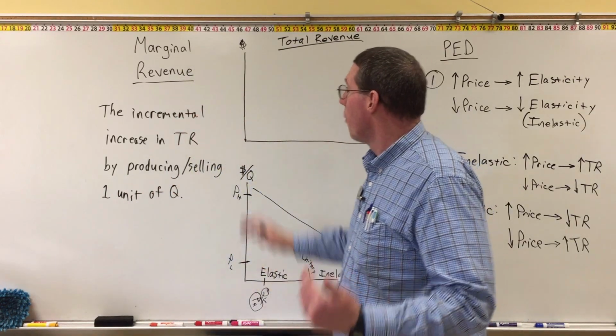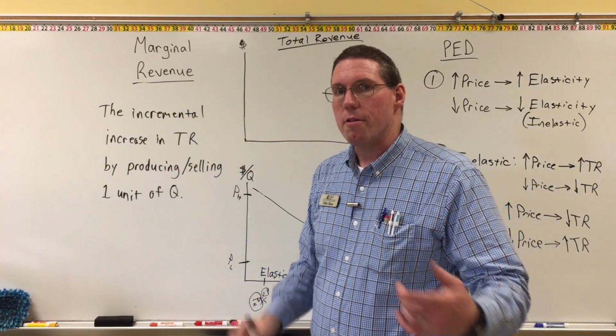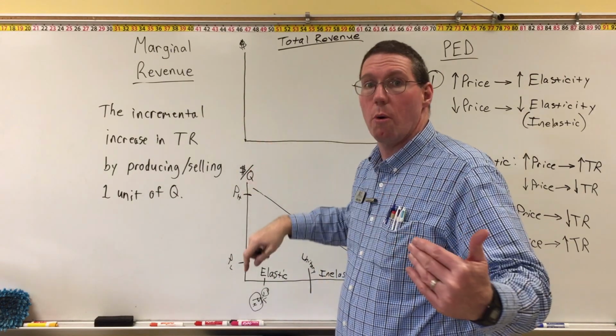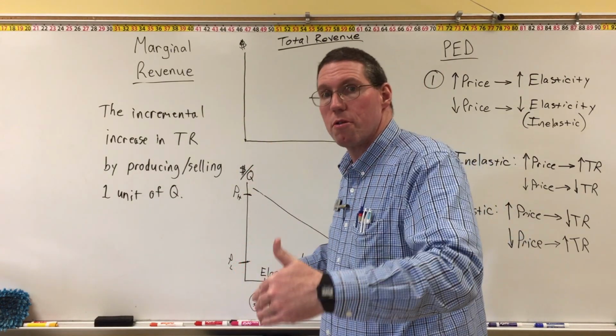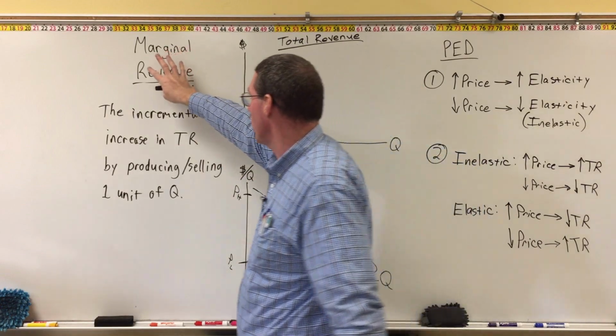Okay, so the marginal revenue for the 17th unit is however much total revenue will go up if you produce and sell the 17th unit. Okay, and so this is what we're trying to understand.